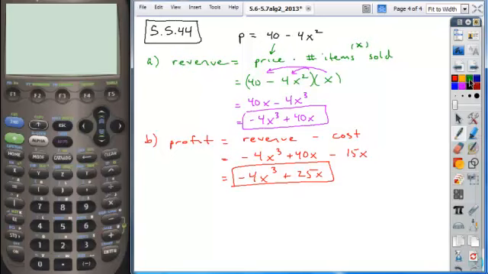And then the last part is to identify the fewest number of radios you can make and still make that same profit. In this case, what they're asking you to do is take this equation, negative 4x cubed plus 25x, the profit equation, and set it equal to what they identify as the profit, which is 24 million.